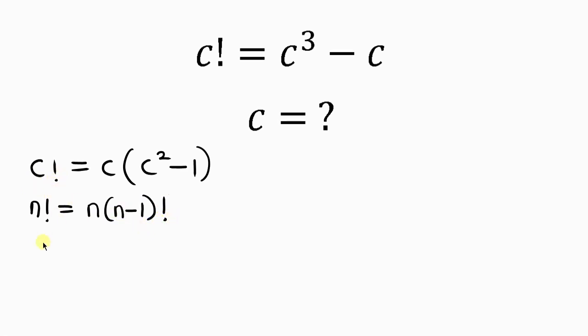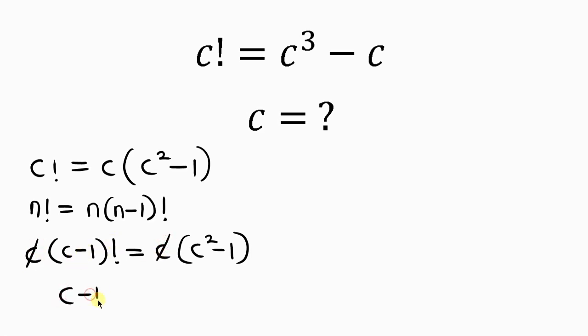That means this becomes c times c minus 1 factorial, and this is equal to c times c squared minus 1. Now notice that c can cancel out c, leaving behind on the left c minus 1 factorial equal to, on the right, c squared minus 1.